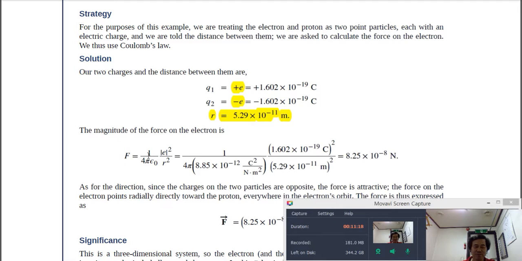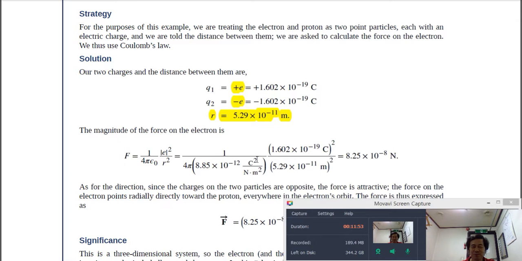F is 1 over 4 pi epsilon 0 E squared over R squared. So we substitute the constant for epsilon 0, and the electric charge E is 1.6 times 10 to the minus 19. We square this, and then the distance is 5.29 times 10 to the minus 11 meter squared.